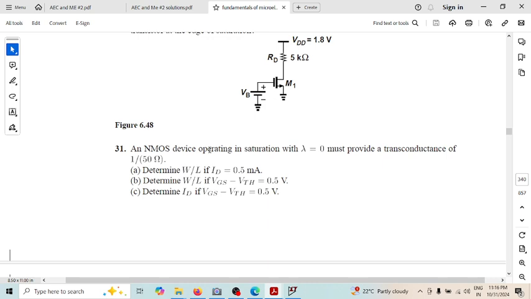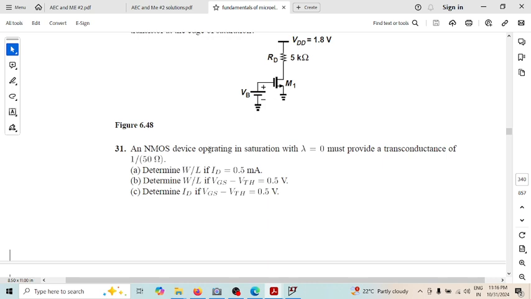So here we have some parameters being given. Transconductance GM needs to be 1 over 50. We are asked to find what is W by L if ID is 0.5 milliampere. We are asked to find what is W by L if VGS minus VTH is equal to 0.5 volt.